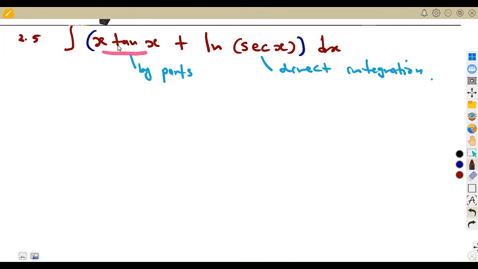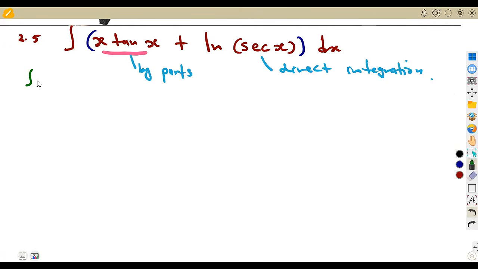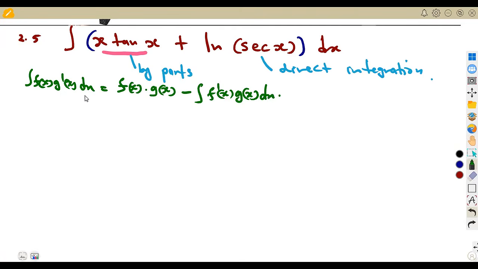Okay, so on this one by parts, remember your by parts formula: the integral of f of x times g prime x dx is equal to the product of f of x and g of x, minus the integral of f prime x times g of x dx.